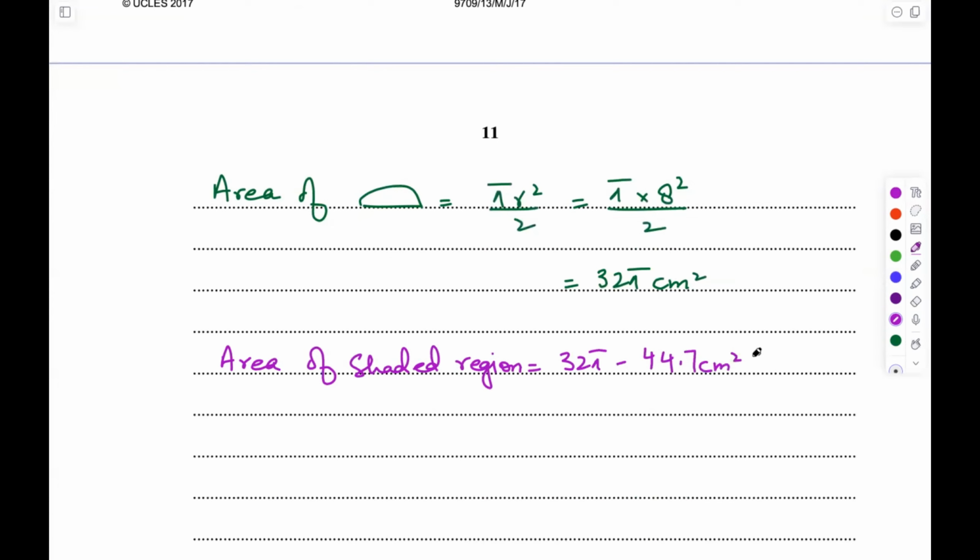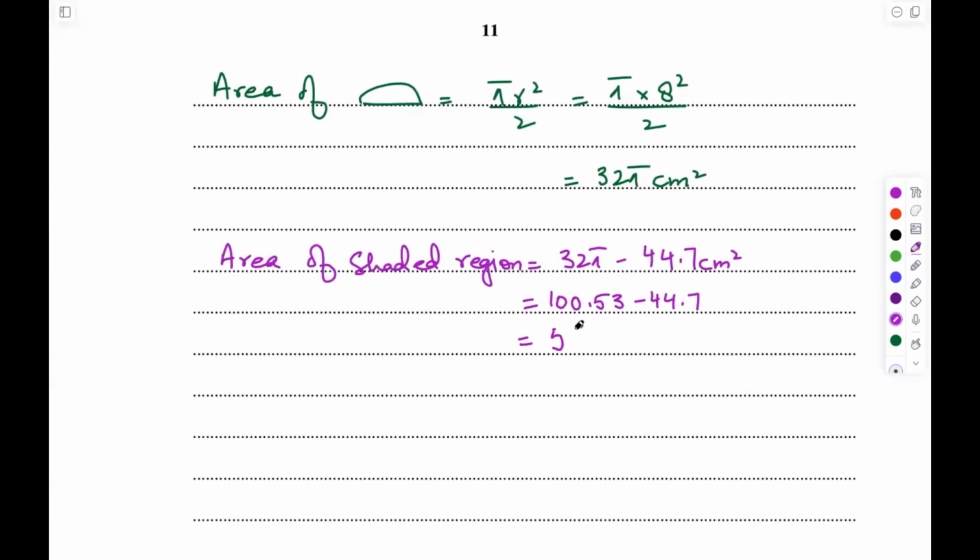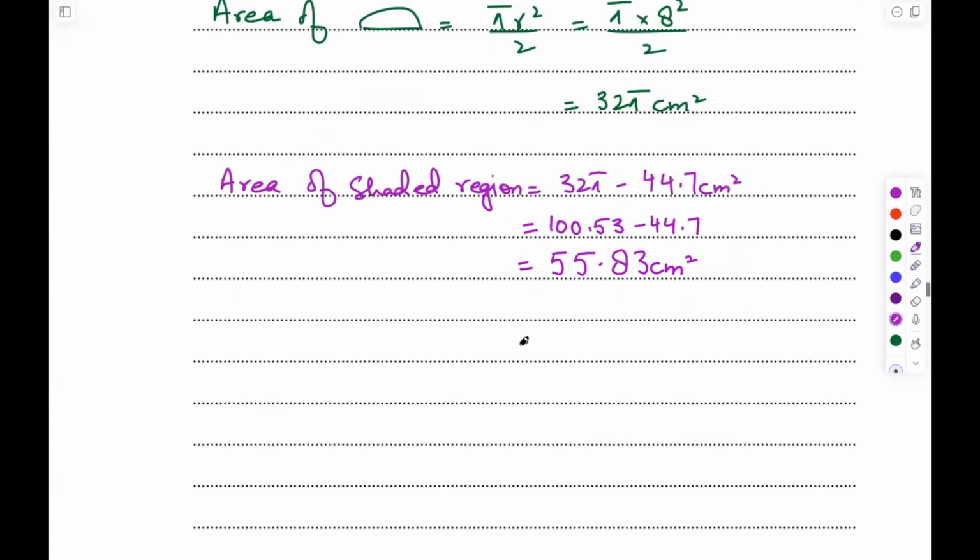So 32 times pi is equal to 100.53. So 100.530 minus 44.7 is equal to 55.83 centimeters squared. As we have to give our answer to three significant figures, the final answer will be 55.8 centimeters squared.